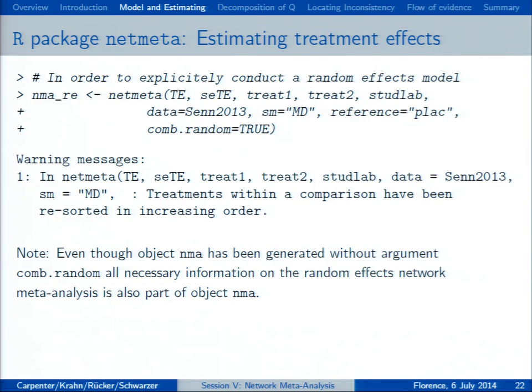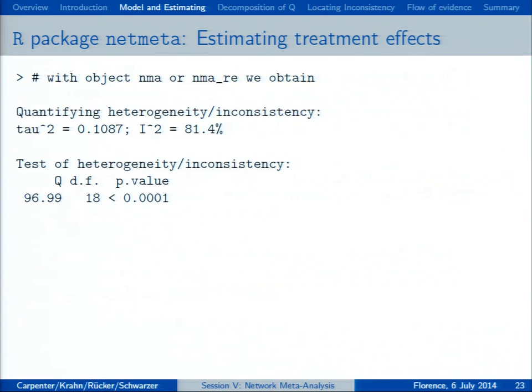But even if the netmeta object has been generated without this argument, the information on the random effects network meta-analysis is part of the netmeta object. But we can use this for the next function. I will show the forest function.